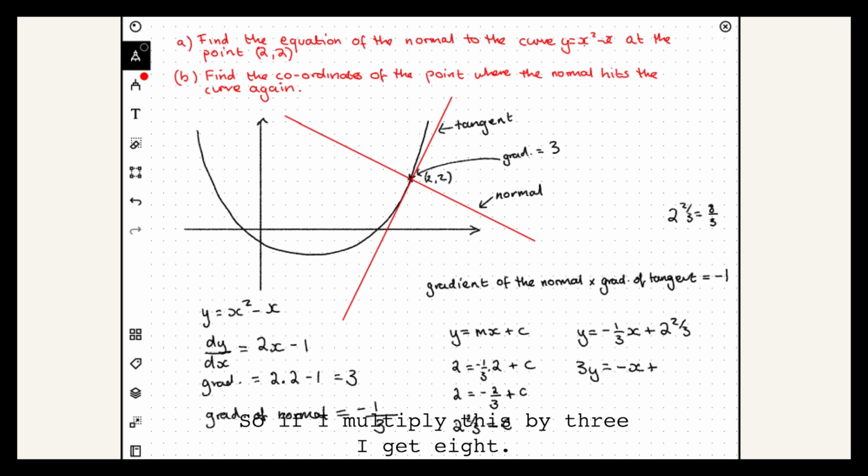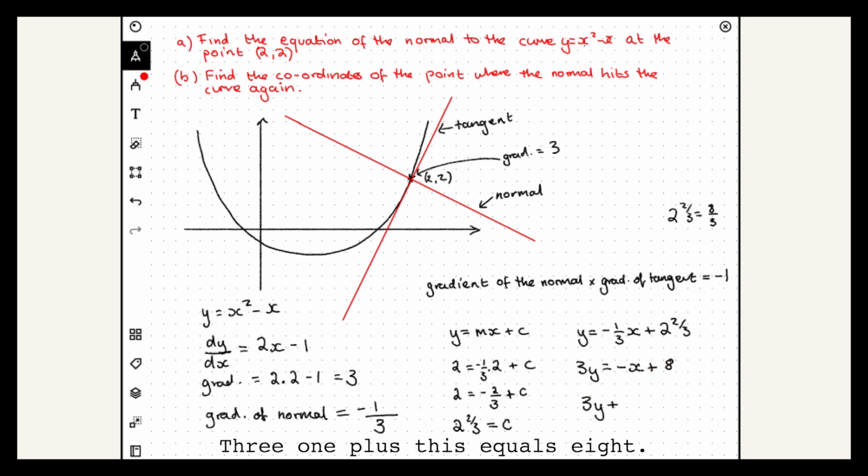So if I multiply this by 3, I get 8. So it would be +8. So I end up with 3y plus x equals 8. That's one way I could represent this. So this is my equation of the normal.